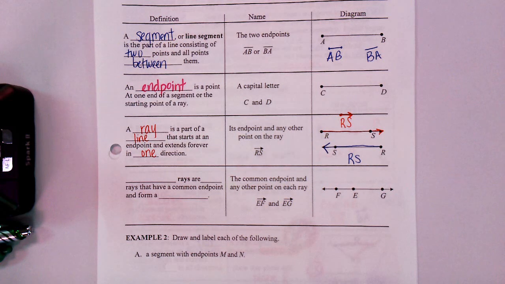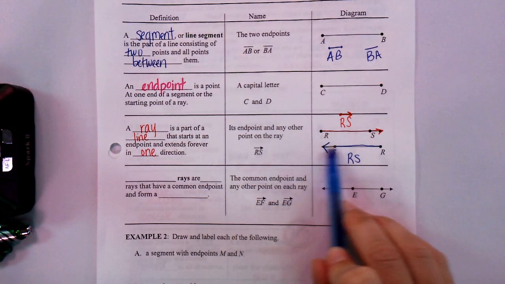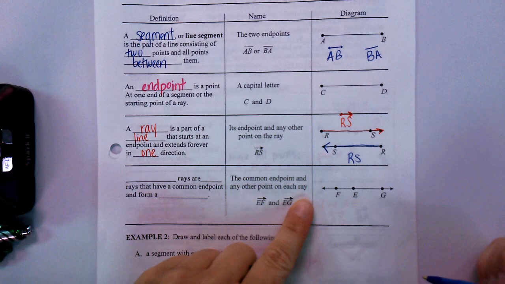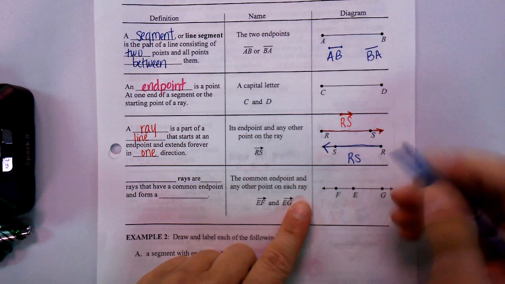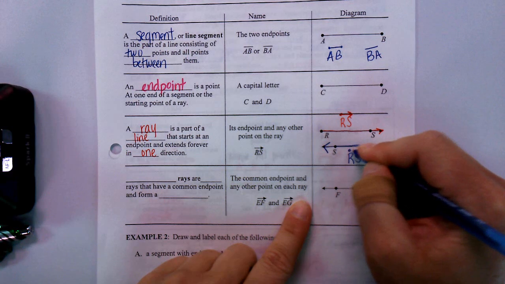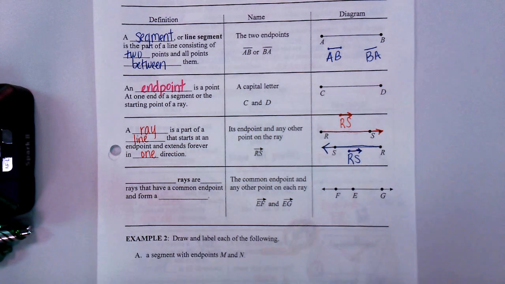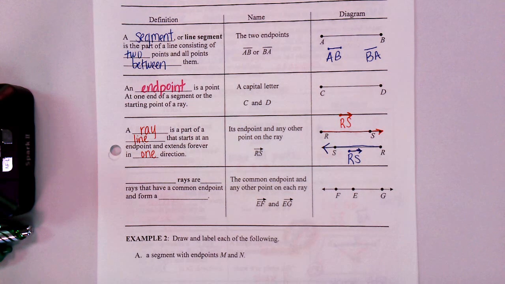Does the arrow go to the right or to the left? This arrow goes to the left, so shouldn't I put it to the left? No, because R is the end point. That's where I started, and then I went through S. Okay. It's kind of tricky. It's a little something you got to get used to, but you'll be fine, I promise.